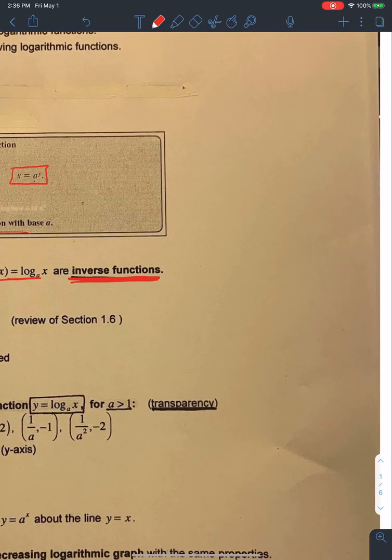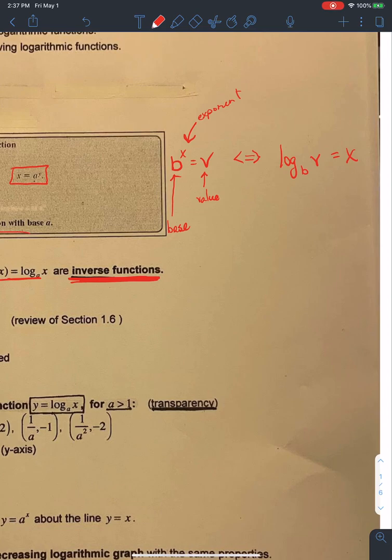If we have b to the x power equals v, and I use those particular letters because it helps me remember that this is b for base, this is x for exponent, and this is v for value, and when I switch those over into a logarithmic function, that logarithmic function would look like log base b of v is equal to x.